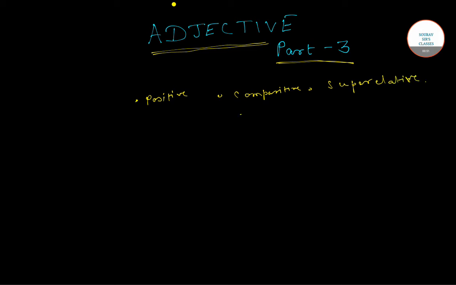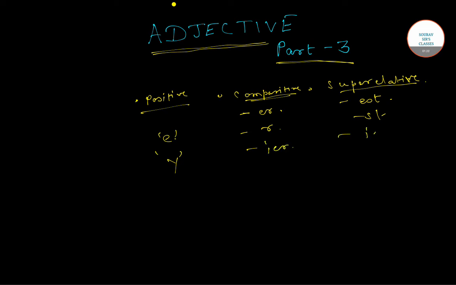It is done by adding er for comparative and adding est for superlative. Similarly, when the adjective ends with e, then we add r for comparative and st for superlative. When it ends with y, we add ier for comparative and iest for superlative.